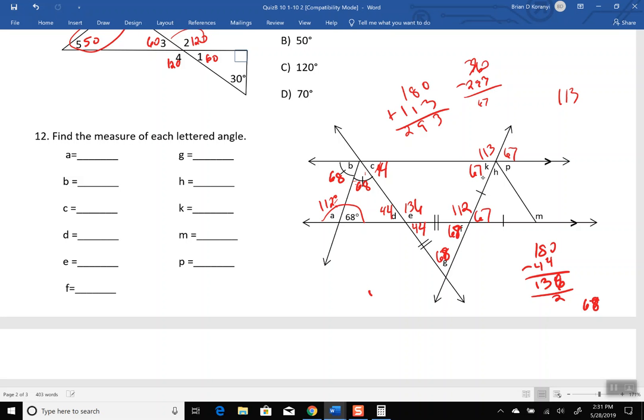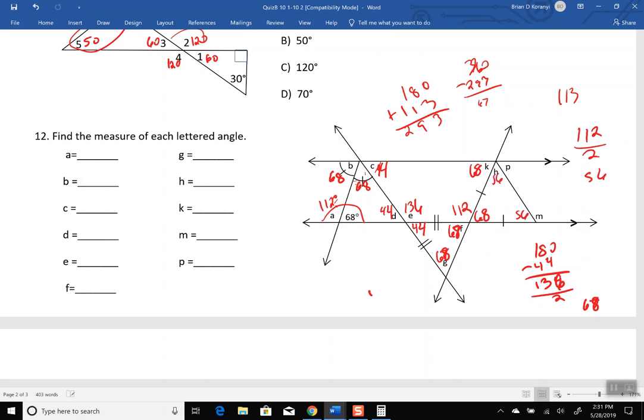112, which makes this thing 68, which makes this thing 68, which means that you have 112 degrees left over. Split that into two, that's going to be 56 and 56.